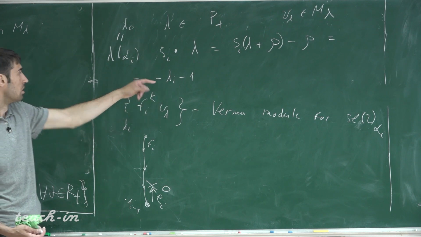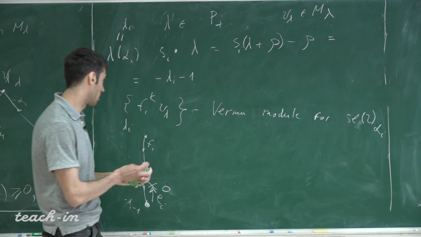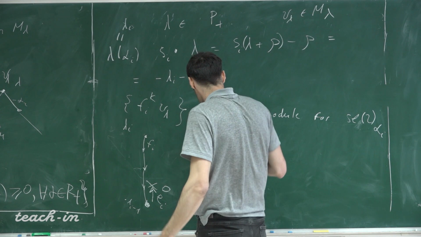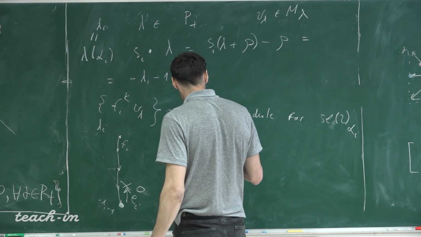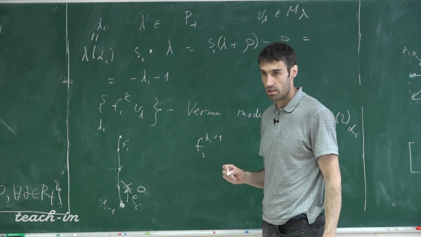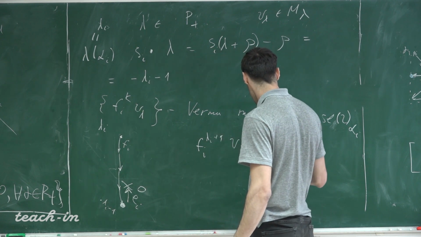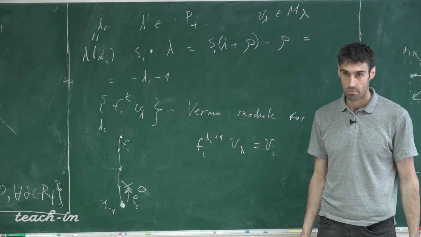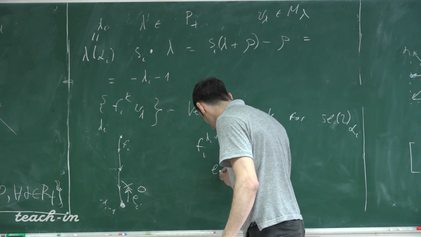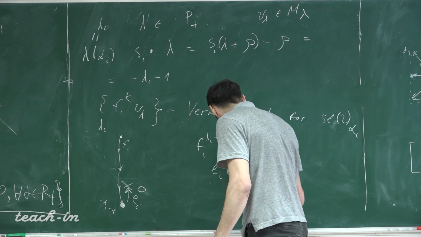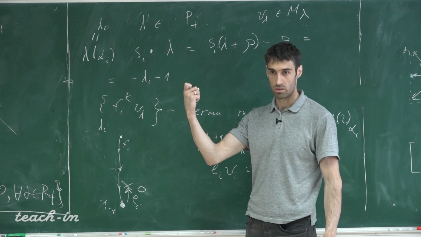So let me just take the vector f_i to the power lambda_i plus 1 applied to v lambda. This is my v_i that we had in lectures. From the representation theory of SL2, I know that e_i applied to v_i is 0, because I go back in the Verma module for SL2 alpha_i and get 0.